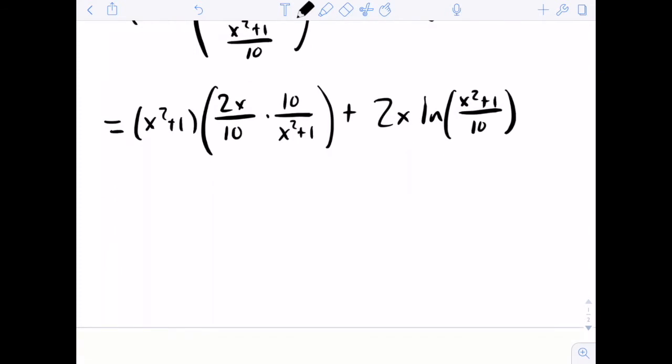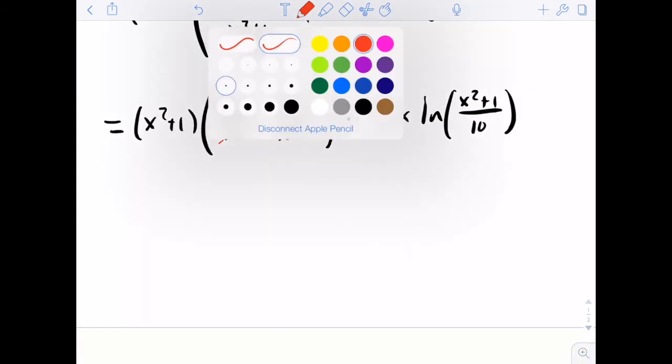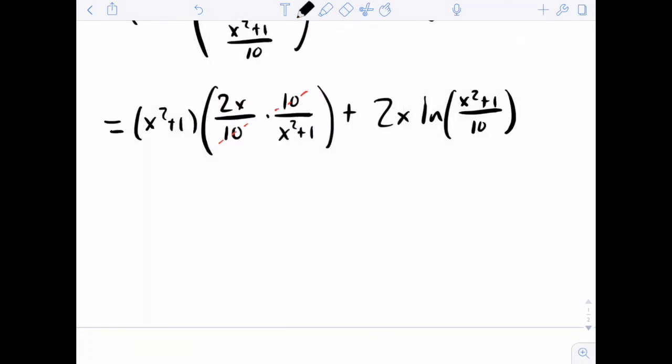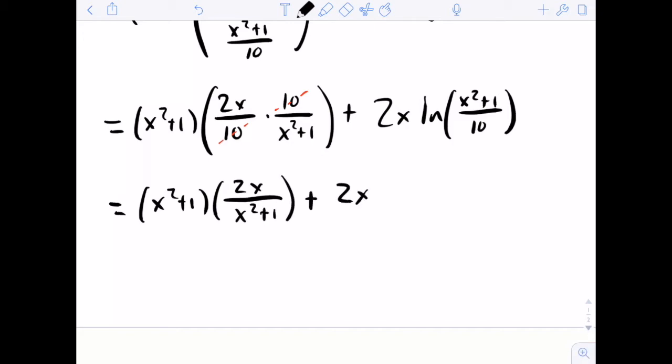The 10s cancel out, because we've got essentially 10 divided by 10 here. And then this is equal to (x squared plus 1) times 2x over (x squared plus 1), plus 2x times the ln of (x squared plus 1) divided by 10.